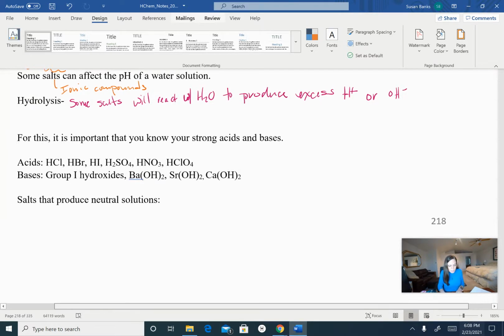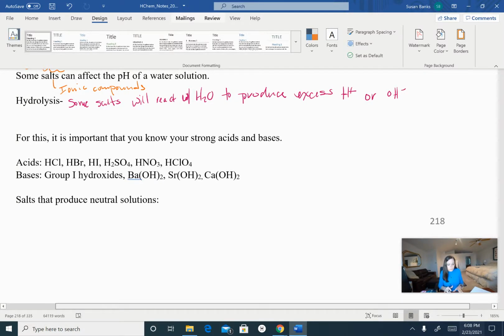So for this, it's super important that you know all your strong acids and all your strong bases. So let's go over those acids really quick. Our strong acids: we have three binary ones, hydrochloric, hydrobromic, and hydroiodic. And then we have four ternary ones: sulfuric acid, nitric acid, perchloric acid, and chloric acid.